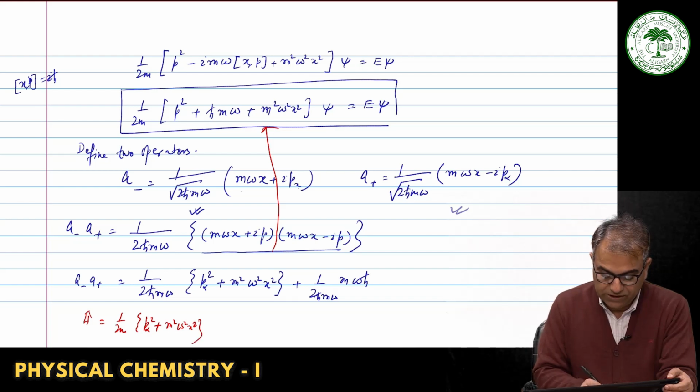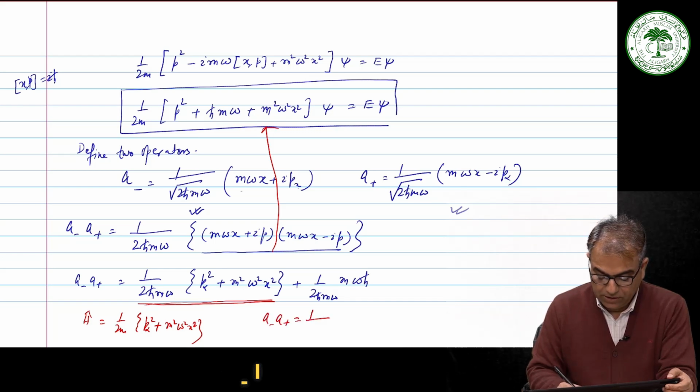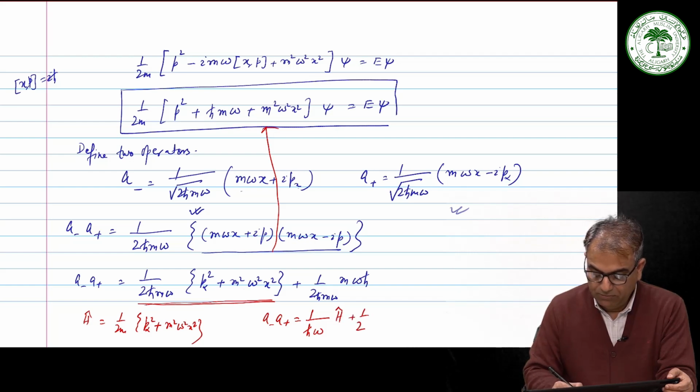So, the first term is actually the Hamiltonian, except that 2 m is there and h omega is an extra term. So, what can you write? You can write A minus A plus is equal to 1, and 2 m is already there, h cross omega into Hamiltonian plus 1 by 2 m omega h.